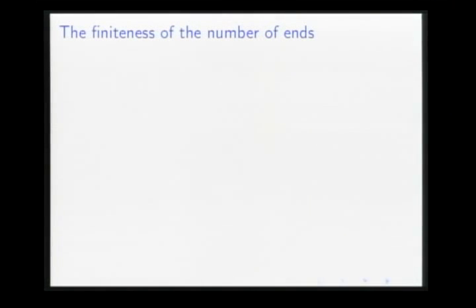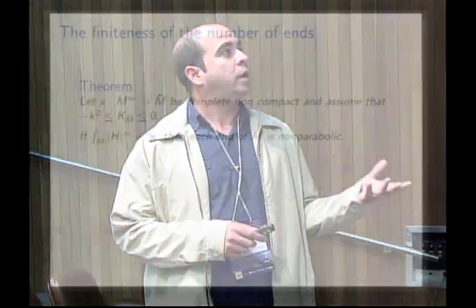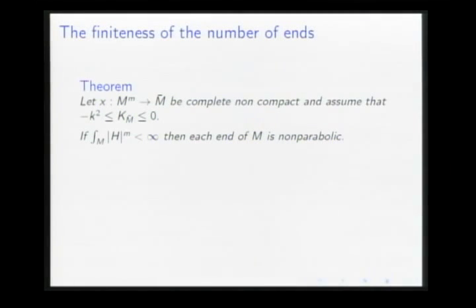But I'd like to talk a little bit about other things, about the finiteness of the number of ends. The theorem of Li and Tam says that the dimension of the space H1 bounds from above the number of non-parabolic ends. And the question is when an end is non-parabolic.